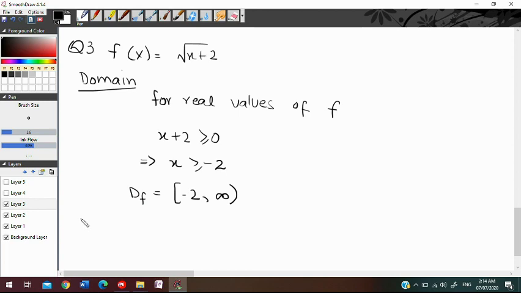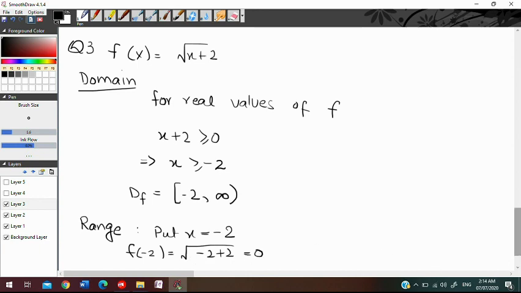And when we talk about the range of our function, you simply put this value of the domain in the function. Put x equals -2. What you get? f of -2 is equal to under root of -2 plus 2, which equals 0.